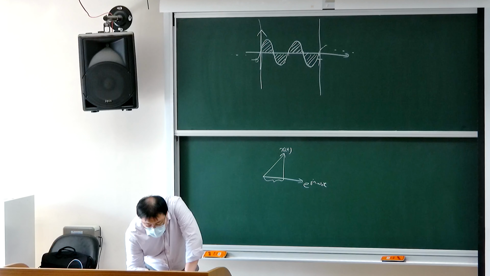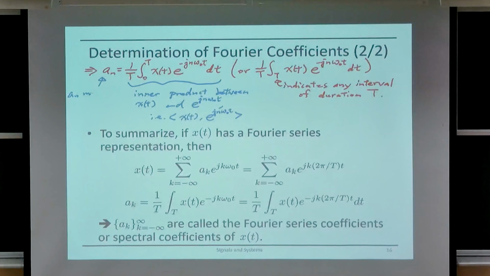So this a_n measures the portion of x of t in the nth harmonic component.